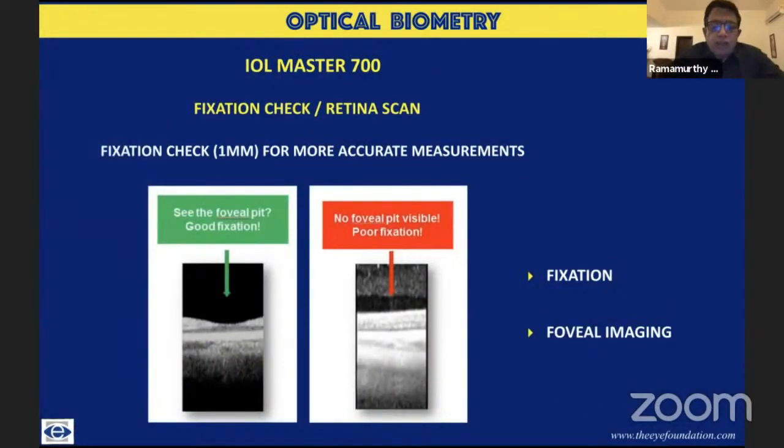On the other hand, with the IOL Master 700, you have the fixation check or the retina scan, and basically we make sure that at the point of measurement, the light is falling on the foveal pit. In case it is not on the foveal pit, then you know it's going to be an inaccurate measurement.